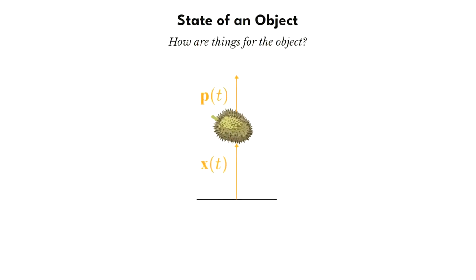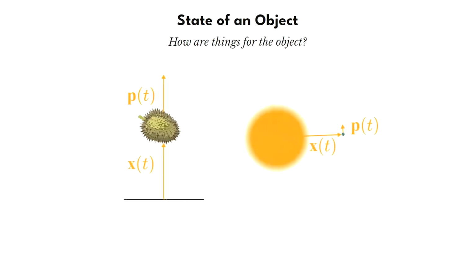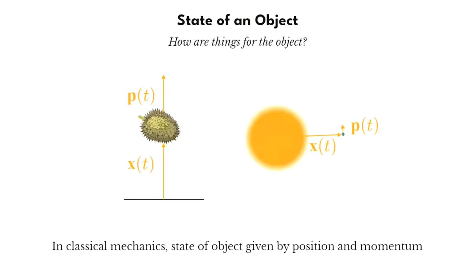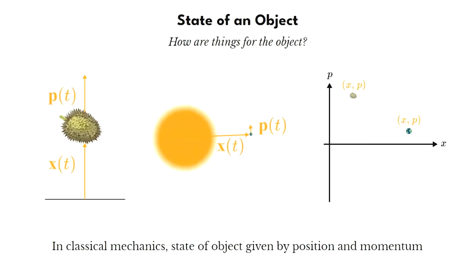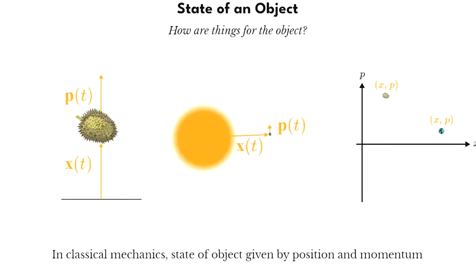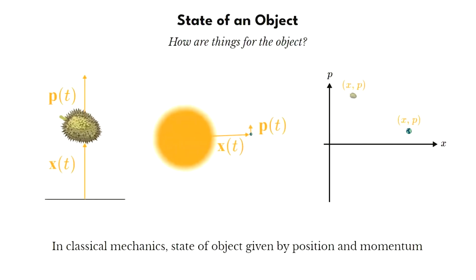Now, how are things for the object? We know in classical mechanics, an object can be defined by its position and momentum. So when an object is moving through space and time, it can be defined as a trajectory in a phase space, x and p, position and momentum.